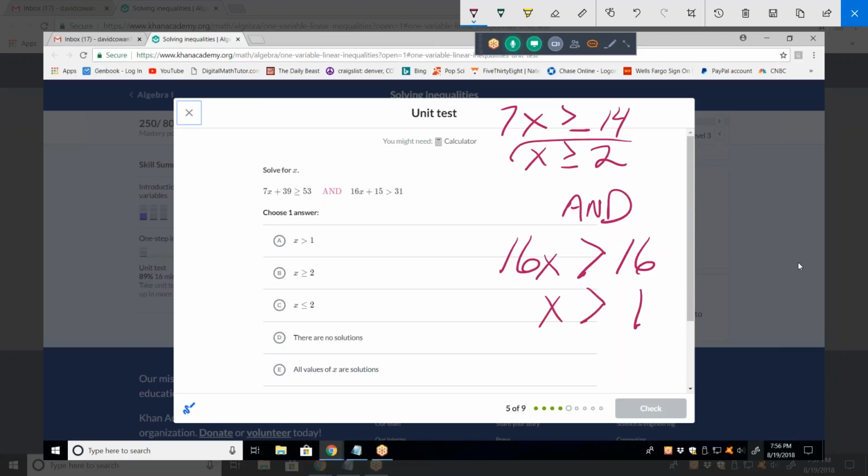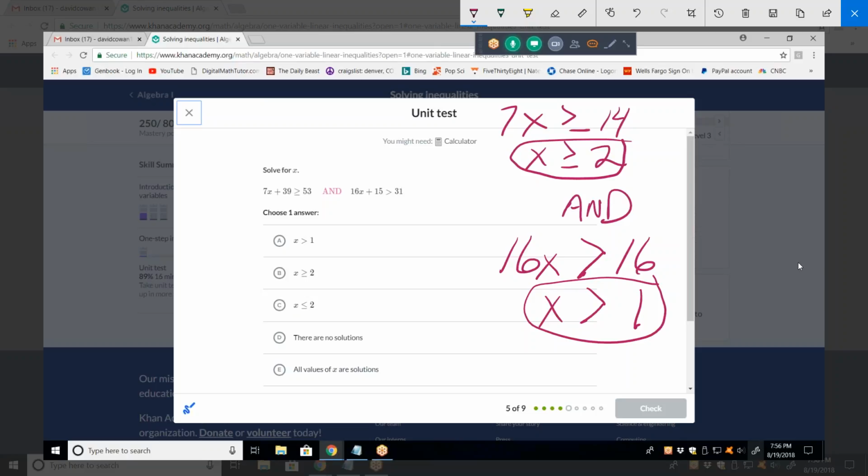So we've got x is greater than or equal to 2, and x is greater than 1. What values of x satisfy both of those? Only values of x greater than 1?